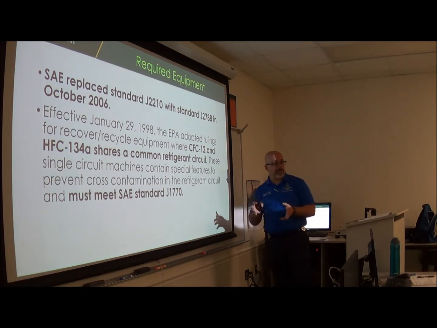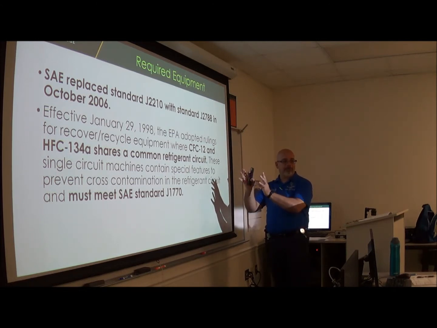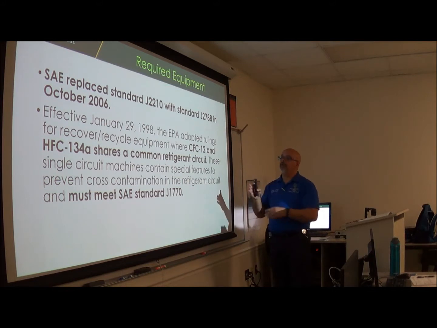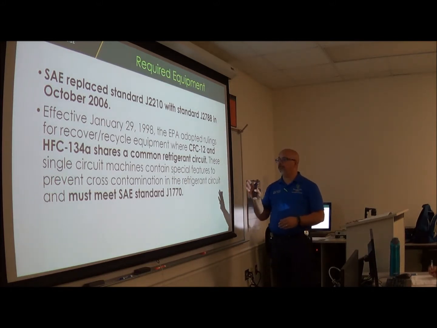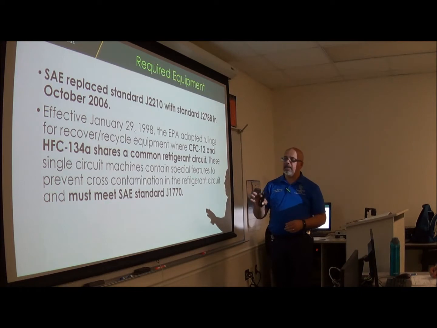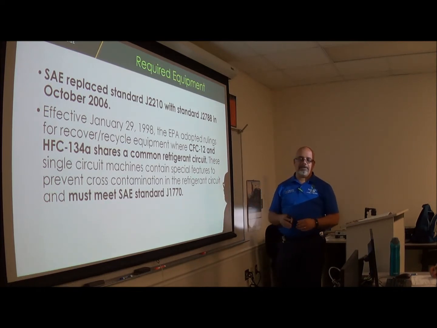That's why at the beginning I mentioned that by only changing the O-rings and the adapter, you could use one or the other. These single circuit machines contain special features to prevent cross-contamination in the refrigerant circuit and must meet SAE standard J1770.